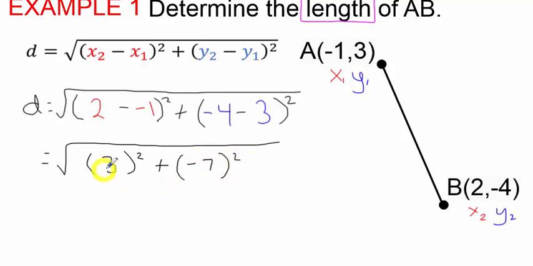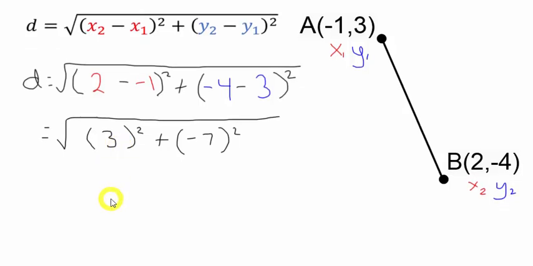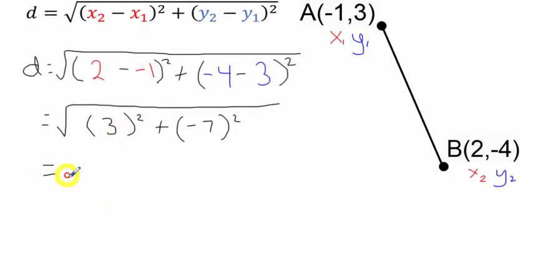And now we can use the exponents on those parentheses to simplify further. 3 squared is 9. Squared means to multiply the number by itself. So 3 squared is the same thing as saying 3 times 3. And then over here, negative 7 squared means negative 7 times negative 7.